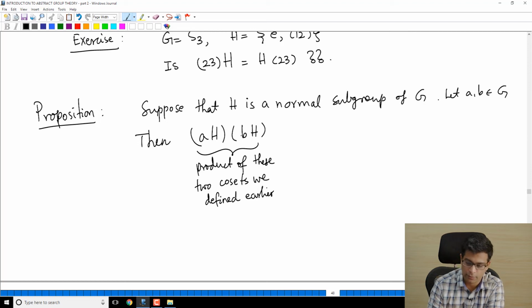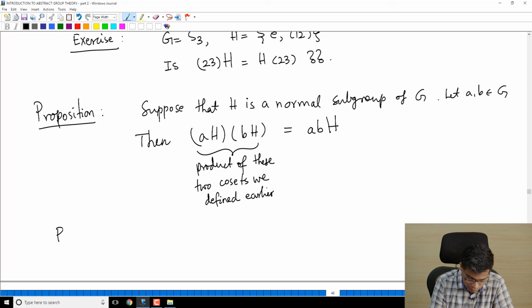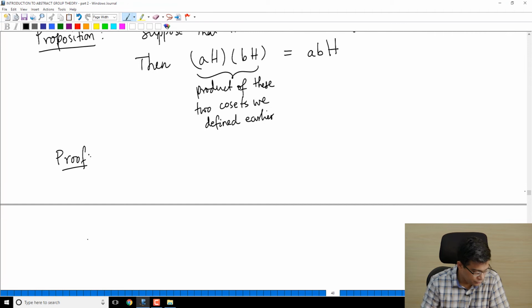You do this for every element of AH and every element of BH. And we saw in the example of S3 and H equal to E and (1 2) that the product is not a coset, but in this case it becomes a coset. It is the coset AB times H. So if AH and BH are two cosets, their product is also a coset. Let's prove this. This is not difficult now.